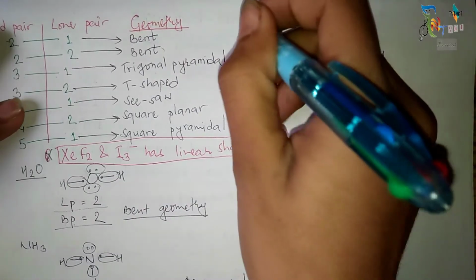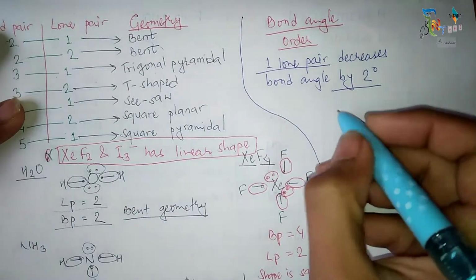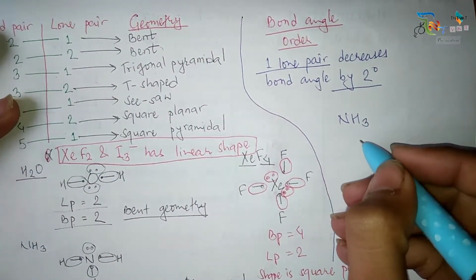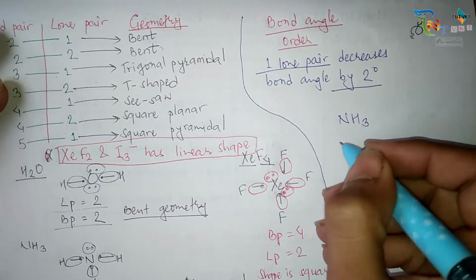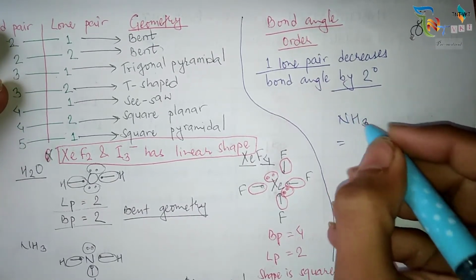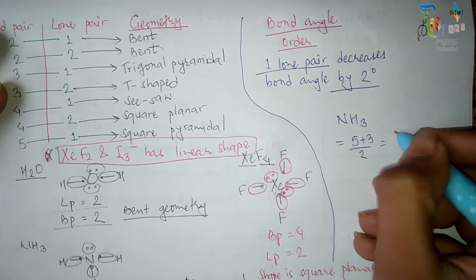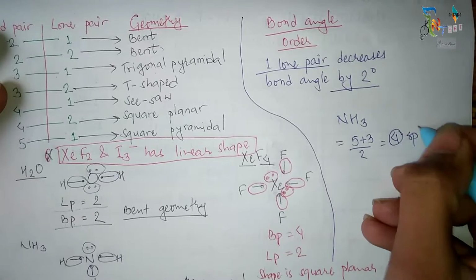Let's take an example: NH3. Now finding hybridization: nitrogen has 5 electrons plus 3, that is 8, divided by 2 is 4. 4 means sp3 hybridized.